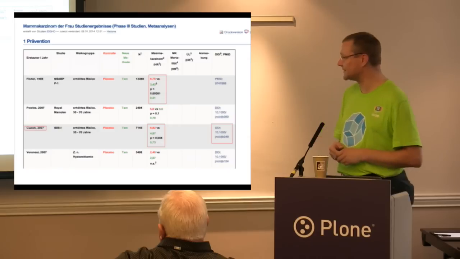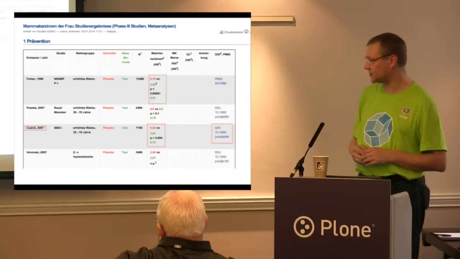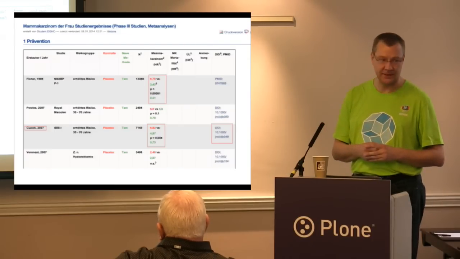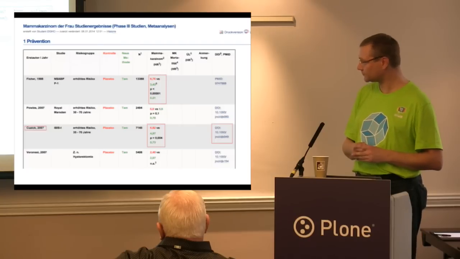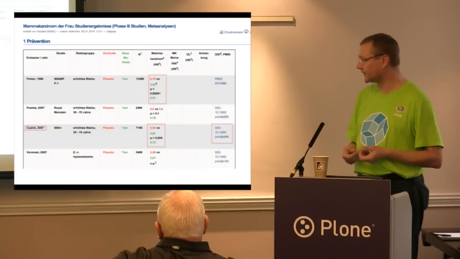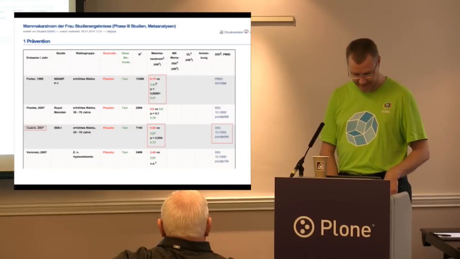We have some studies, and you can see lots of numbers, and right now we don't have any chance of marking the information in the original document in order to extract the information that we need for the external systems.